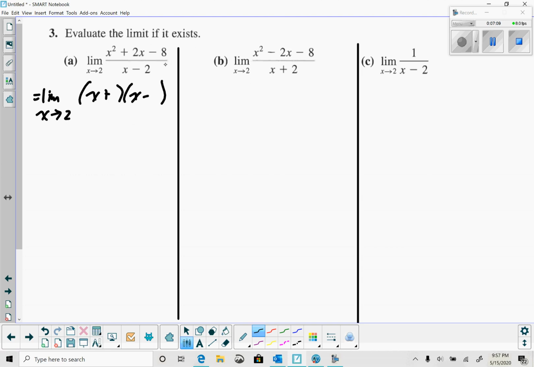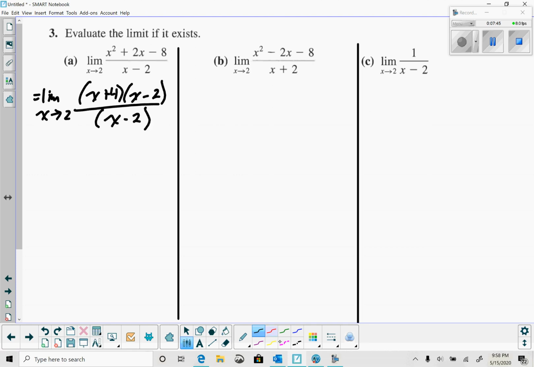I need factors of 8 where the difference is +2. Well, 4 times 2 will give me 8. And if I make the 4 positive and the 2 negative, again, a quick FOIL check of that, my outside product will give me -2x. The inside product plus 4x, giving me the requisite plus 2x. So I have the numerator factored properly.